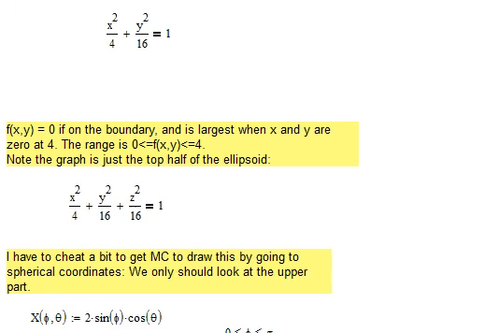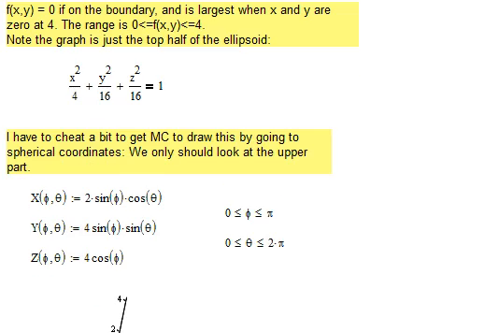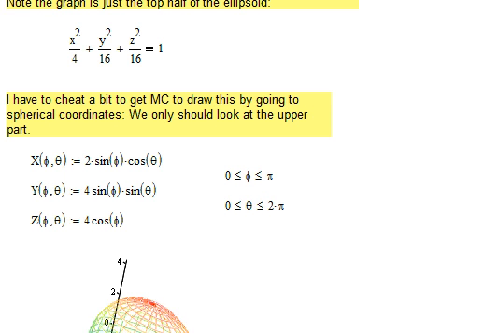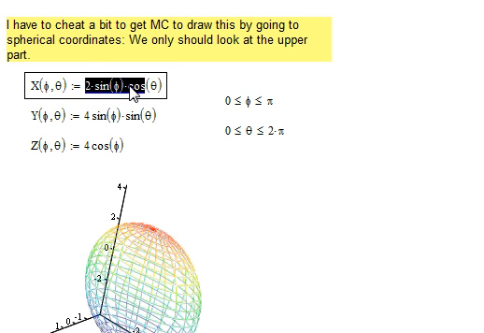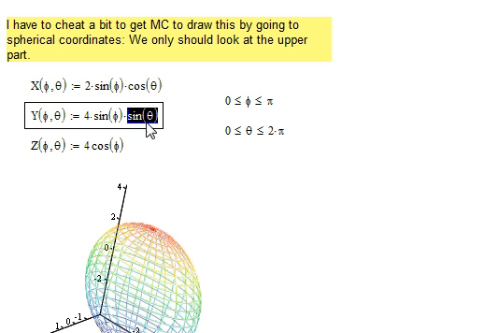But I flipped it over into what's called spherical coordinates, and that might be familiar to you from, I guess it was Unit 1. And if I flipped it over into spherical coordinates, I hope you remember, this is r cosine theta, this is r sine theta, and this is r cosine theta for the z.